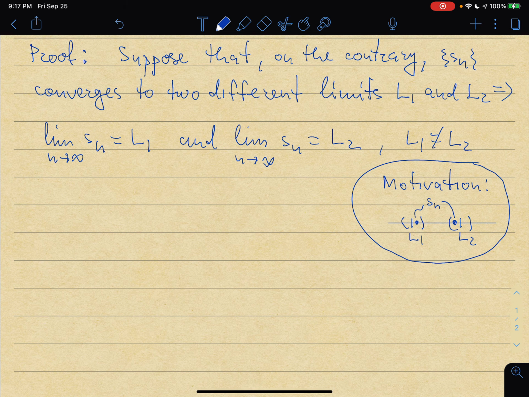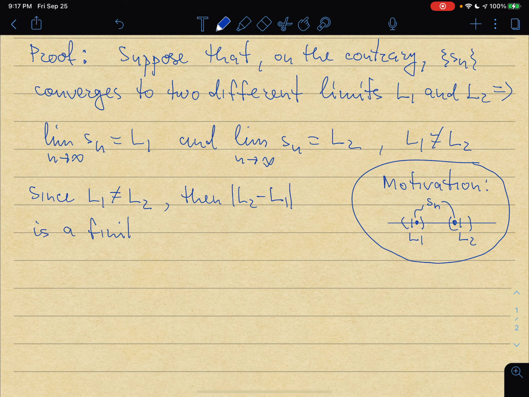And now let's see how we can write this mathematically. All right. So since L1 is not equal to L2, then the absolute value of L2 minus L1 is a finite number greater than 0.